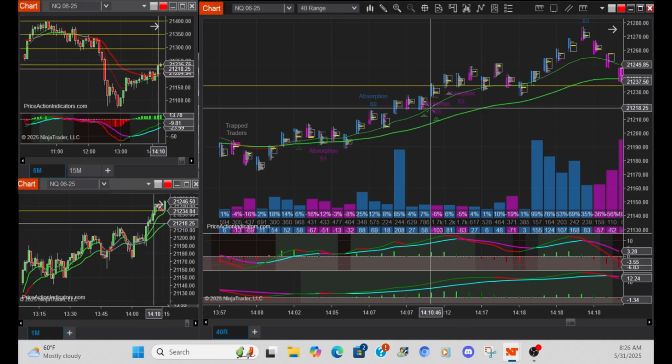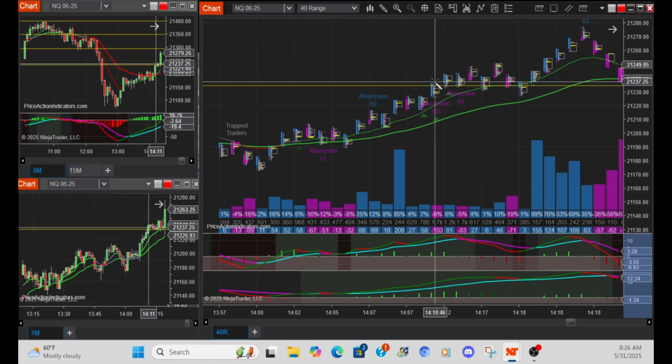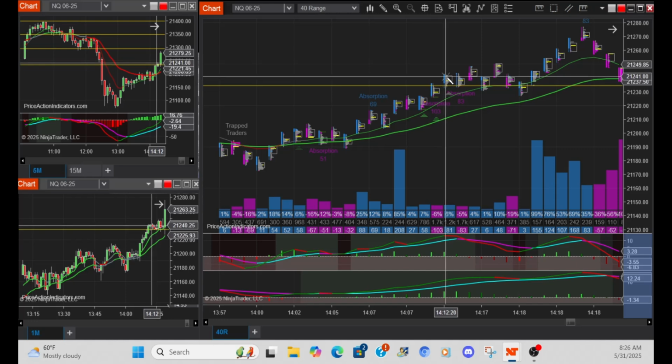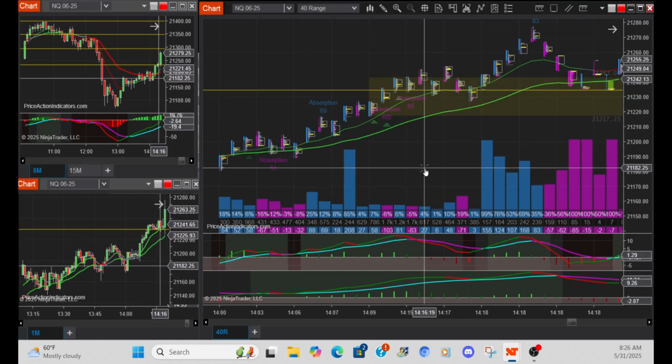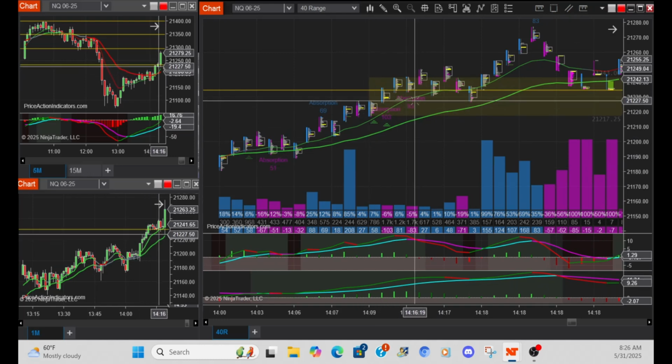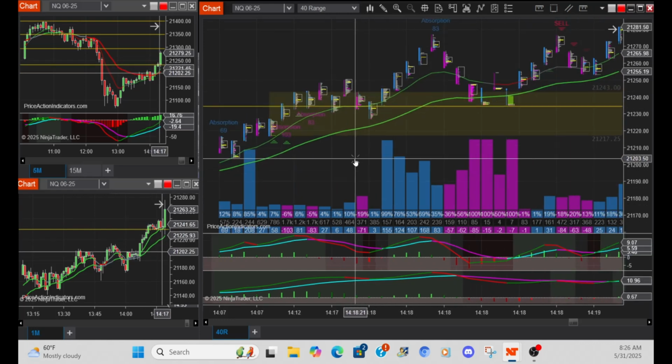Now with this one here, since there's two bars, actually there's three bars in a row, you actually have, with the absorption and everything that's there, a whole zone of surge.